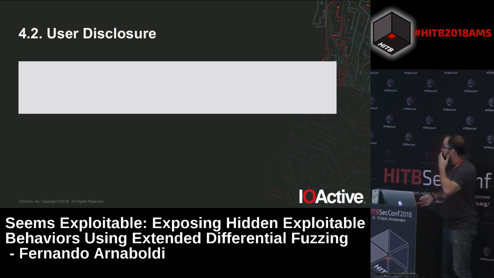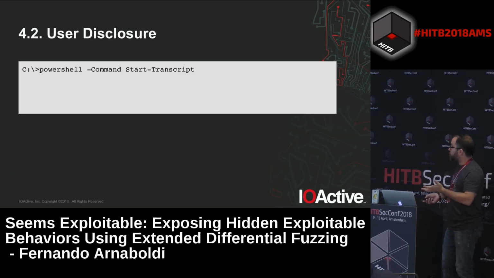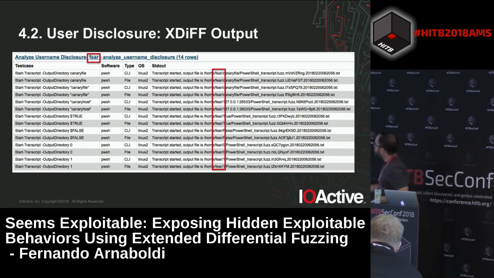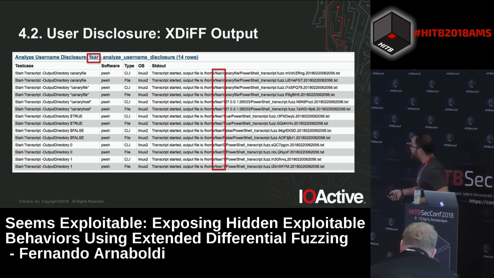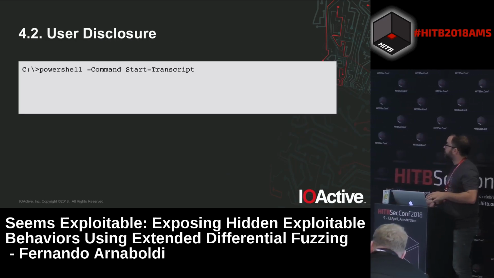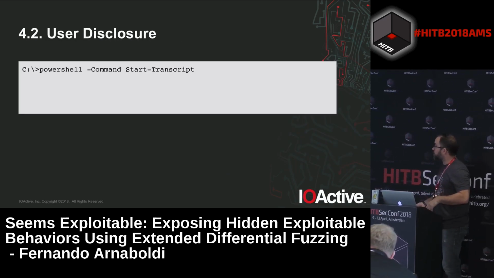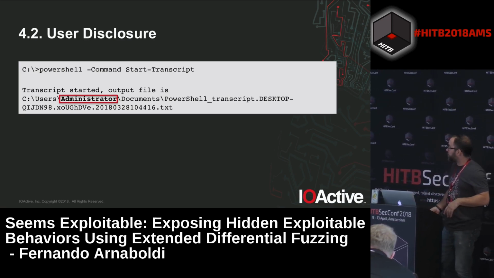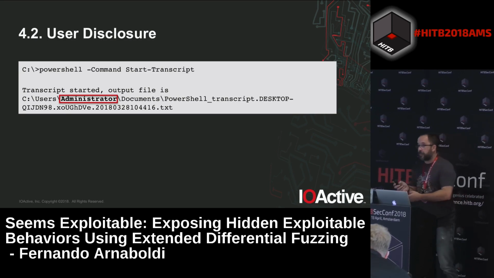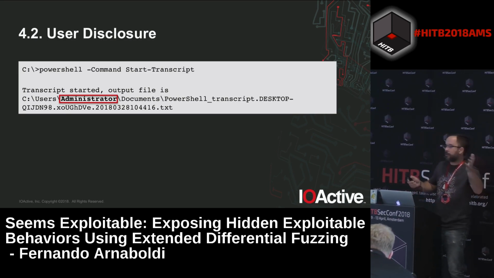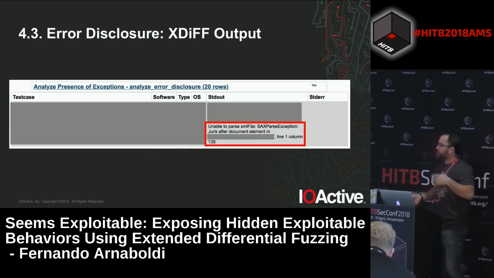When you translate that horrible list, in here you have 14 rows doing the same thing, which in fact could be translated to this. When you execute start transcript, it is going to show the username that is executing PowerShell. So you can get the path, you can get the user, you also can get errors.